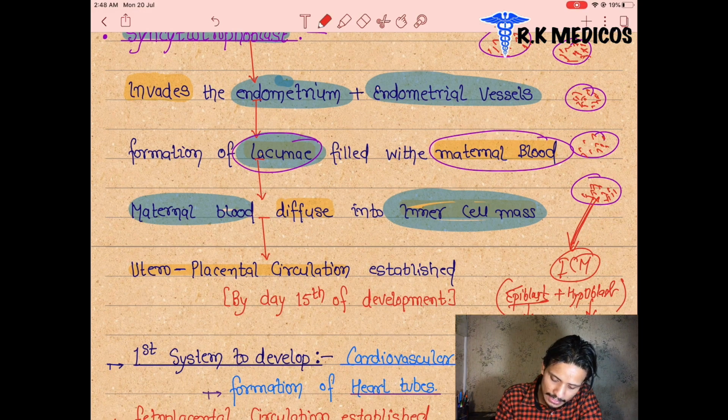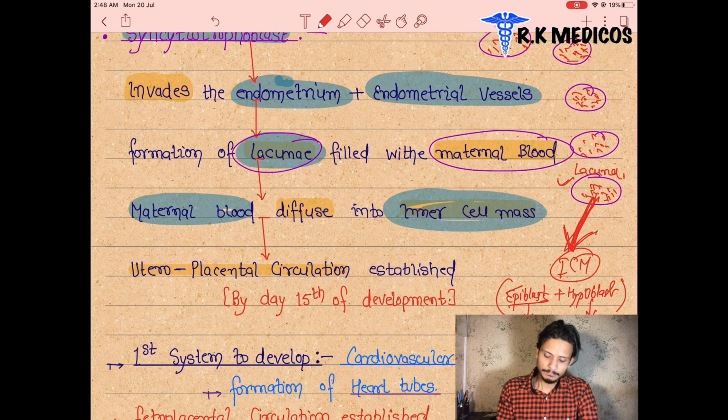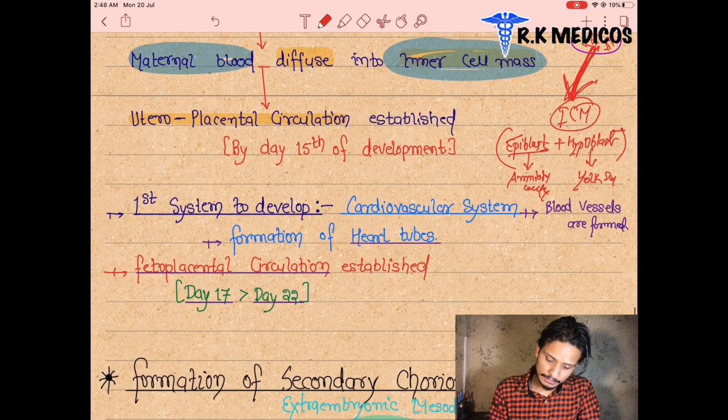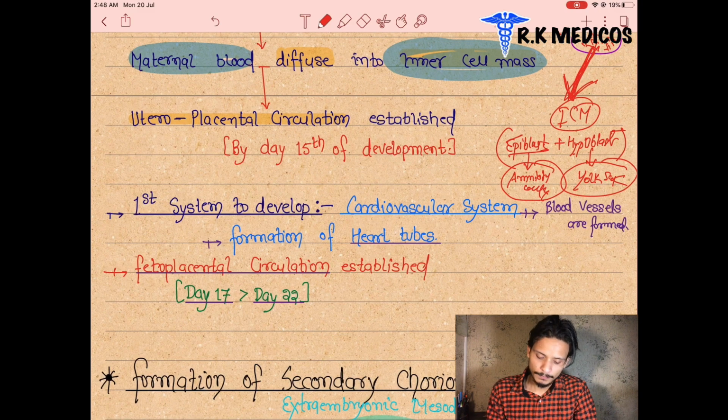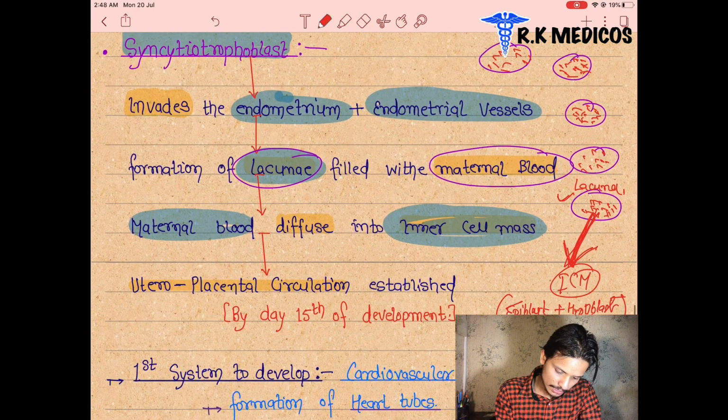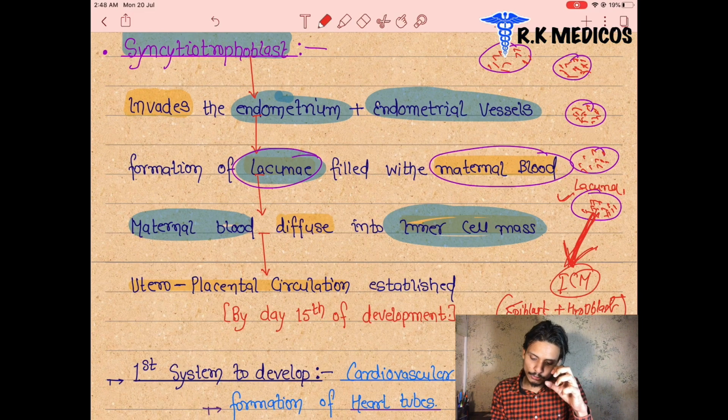So basically this lacuna is filled with blood and is present in the syncytiotrophoblast layer. Which layer are they going to supply blood to? The inner cell mass layer, which is basically the epiblast and hypoblast part, and the amniotic cavity and yolk sac part are going to be nourished by them. So what are the syncytiotrophoblast blood vessels, or the filled lacunae, doing?